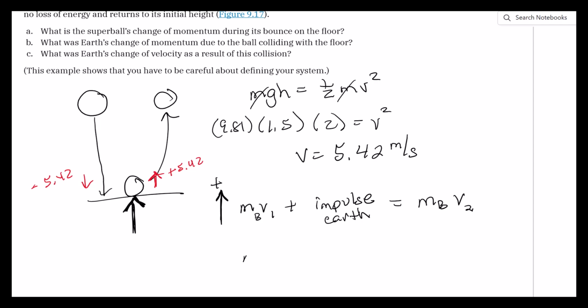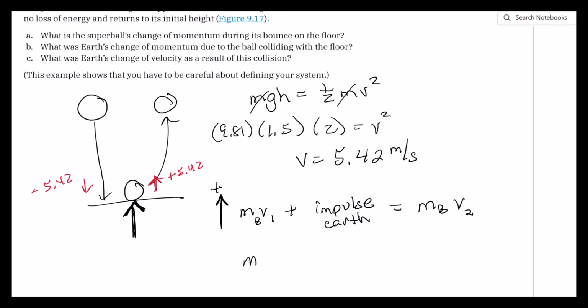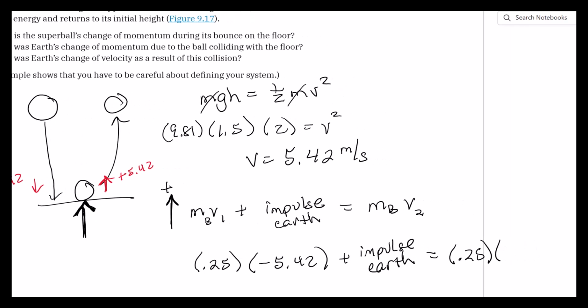Okay, this is really important. So the mass of the ball was 0.25 kilograms, so 0.25 kilograms times negative 5.42. And then it got an impulse from the Earth. And so its final momentum is 0.25 times positive 5.42.